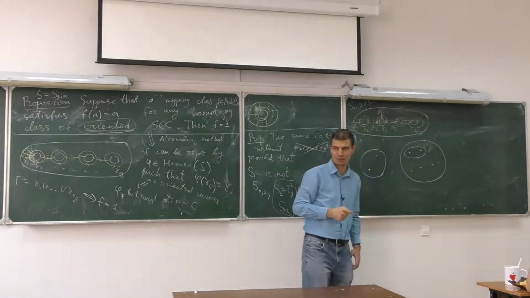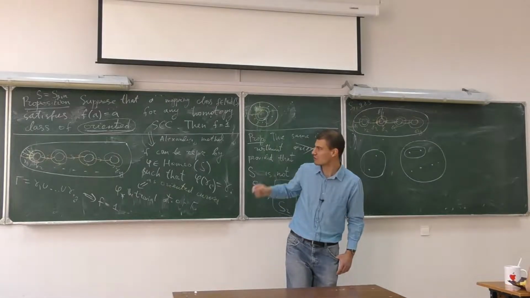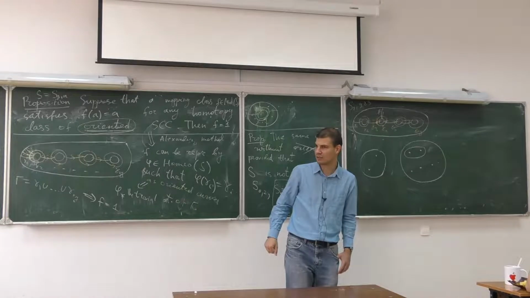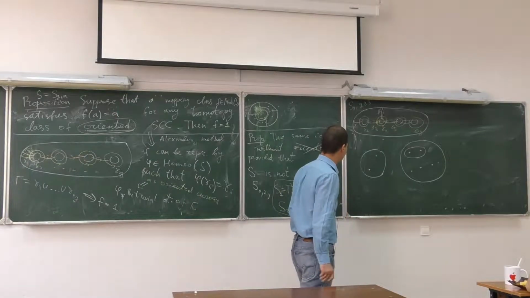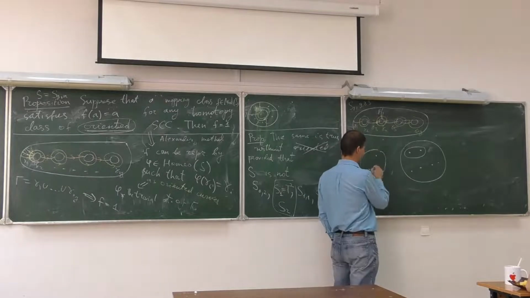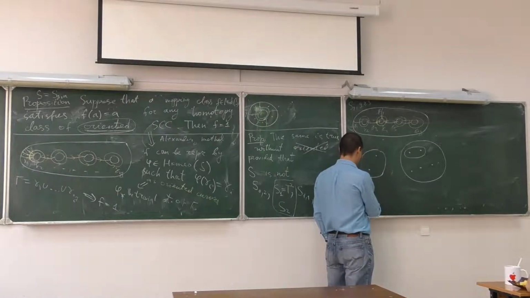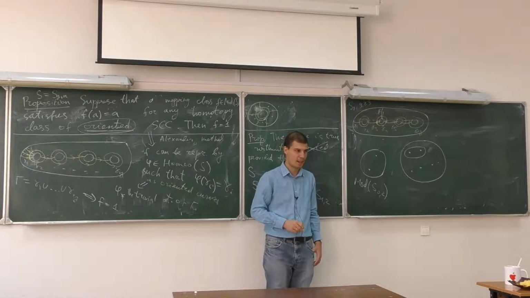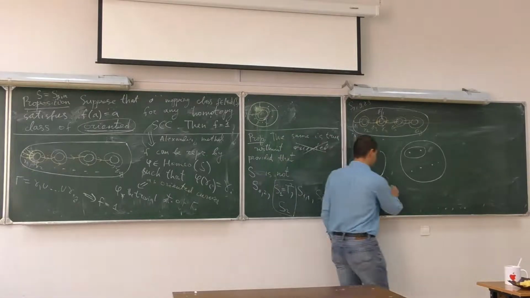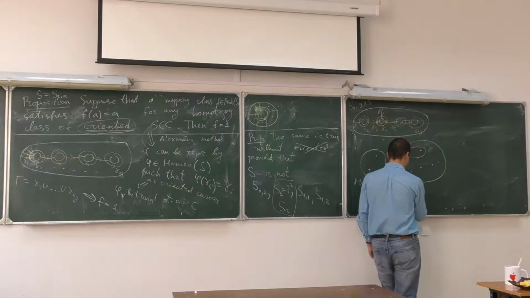For a sphere with less than 2 punctures, the mapping class group is trivial and it is not interesting at all. For a sphere with 2 punctures, a good question: what is the mapping class group? Yes, it is Z over 2Z.